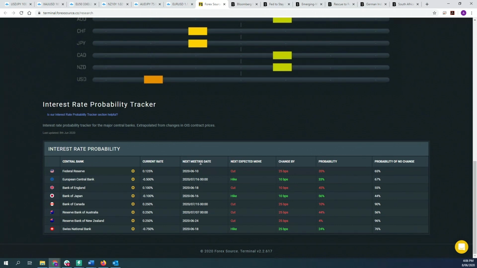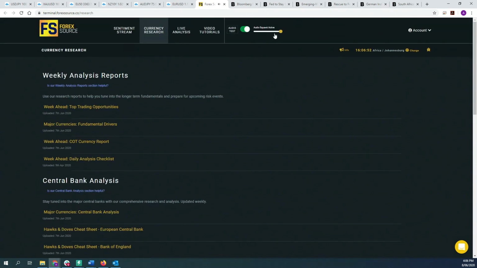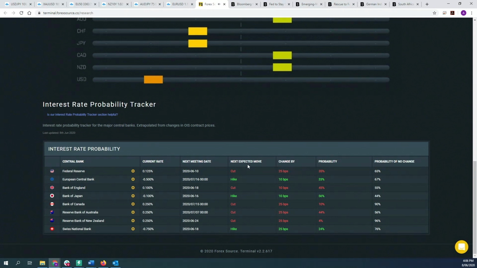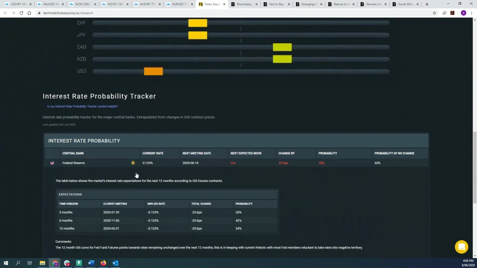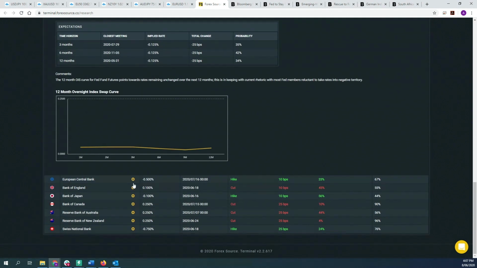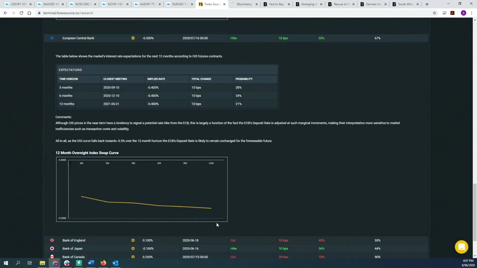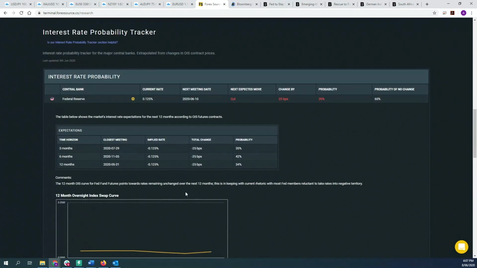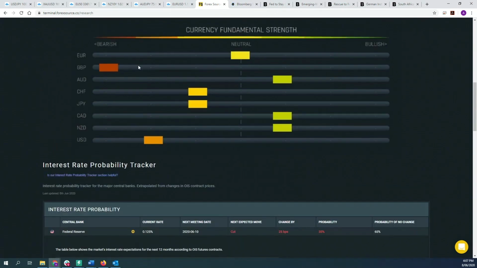So you basically already have that for you in the terminal, and apart from just the rate tracker, the most current expectations for money markets, you can also see, more important, what the markets think in terms of rates going forward. So you have that rate path visible in the terminal. So you don't need to go and find all of that additional information if you have access to the terminal.